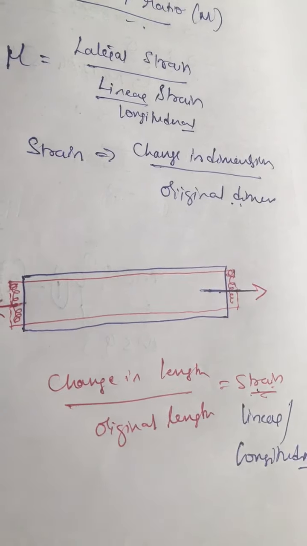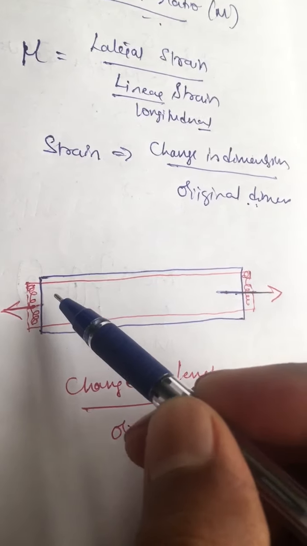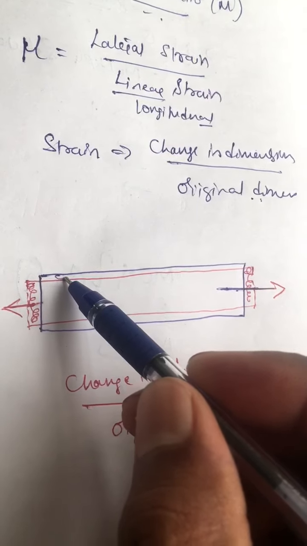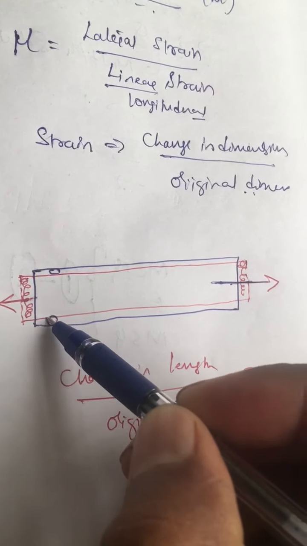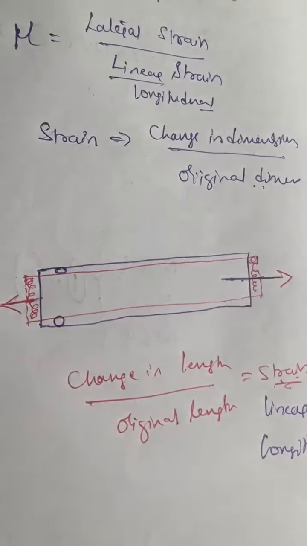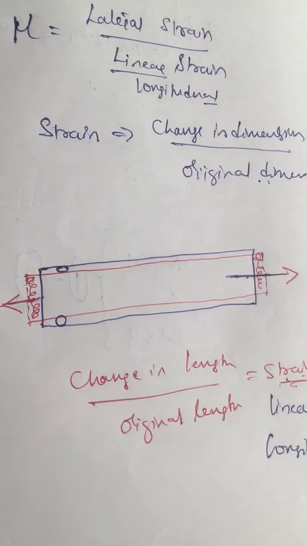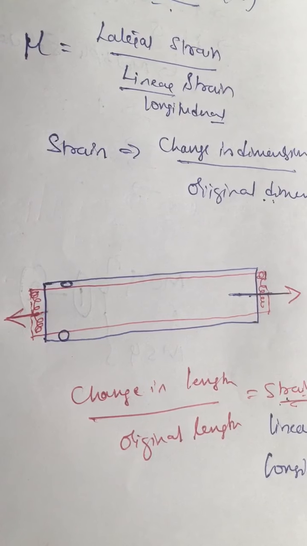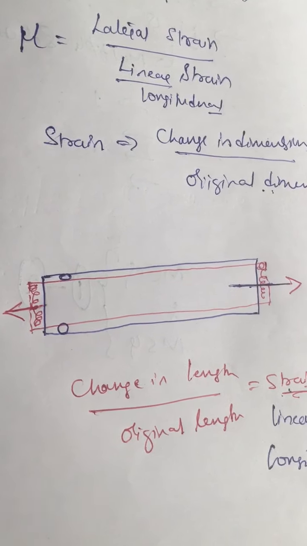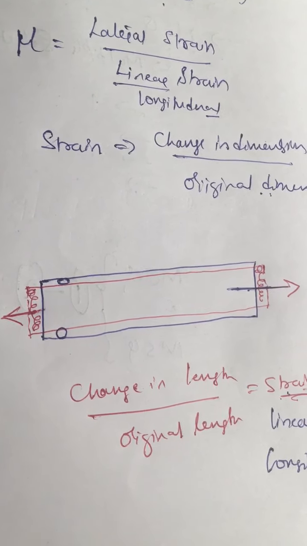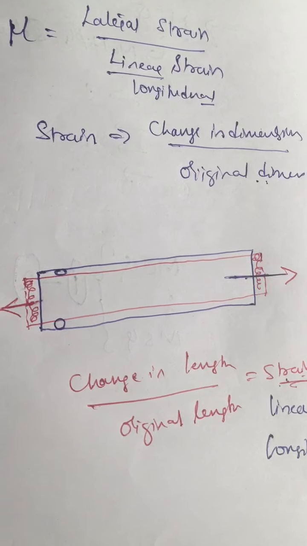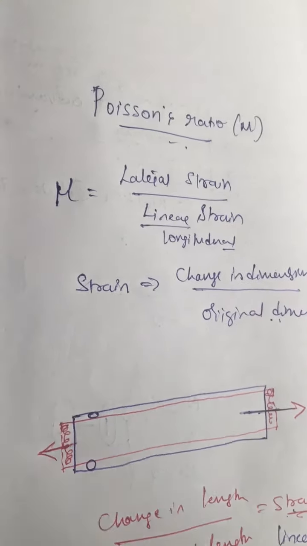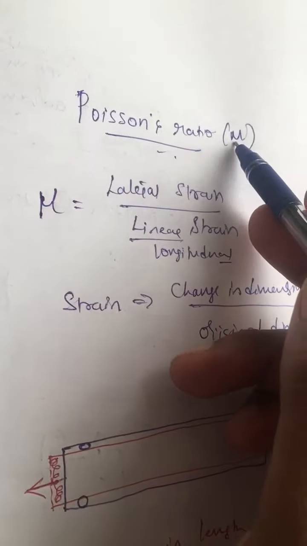But at the same time, if you observe the figure, there is reduction in width or diameter, which we won't measure in the lab while conducting the experiment in UTM. So for that we have one constant, an elastic constant, more specifically Poisson's ratio.